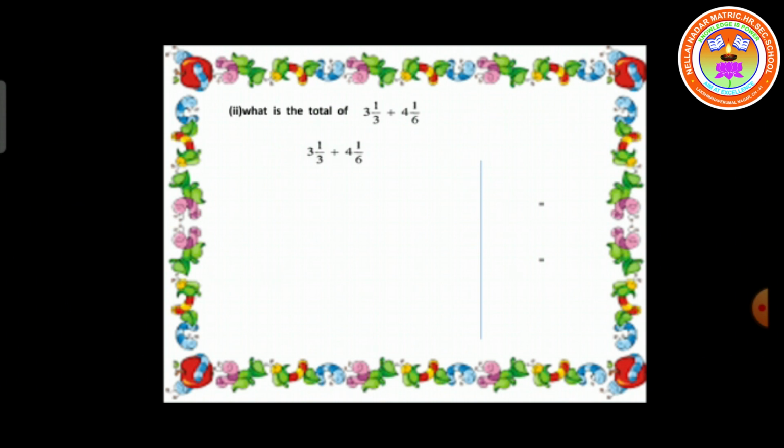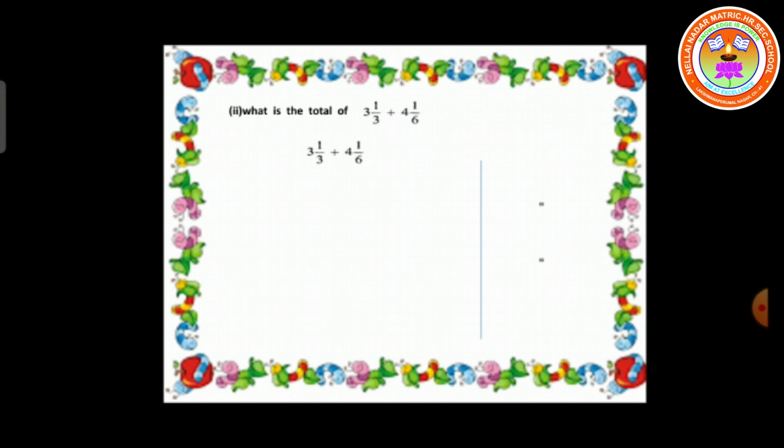We already saw one example, right? You can take the whole numbers separately, then find the LCM, then the equivalent fraction. In that procedure also you can do it. It's another procedure I have introduced here. If you want, you can do this method also. It is up to your wish. Whichever method you feel is very easy, you can take it.